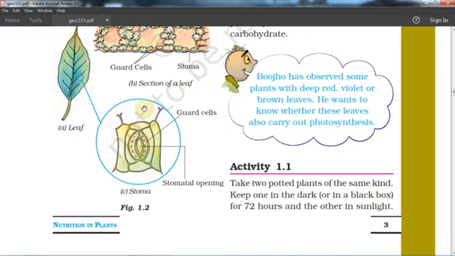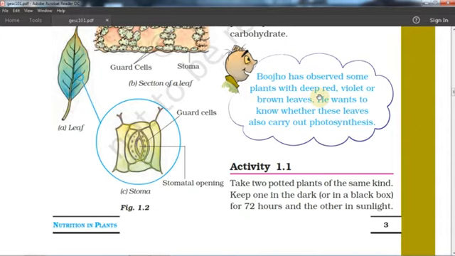Bujo has observed some plants with deep red, violet or brown leaves. He wants to know whether these leaves also carry out photosynthesis. So the answer is, the other colored leaves, like you have seen the maple leaf, which is on the flag of Canada, that leaf is of red color.